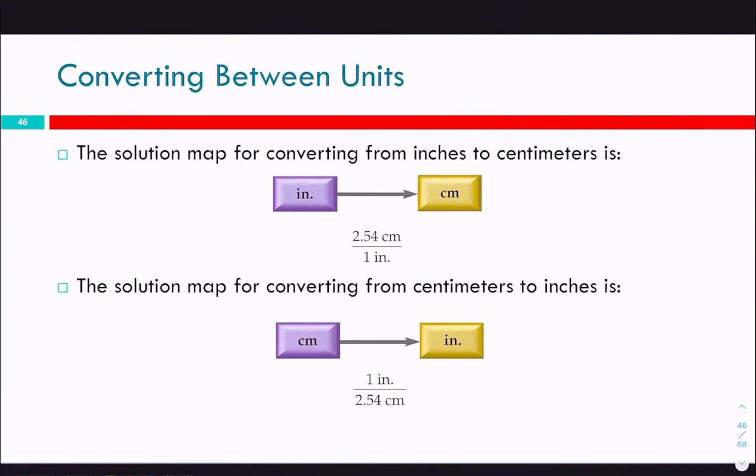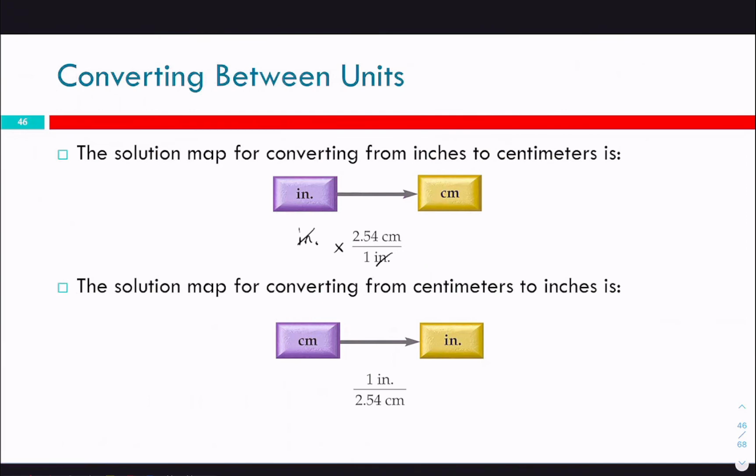So this is kind of what a solution map would look like. For a single step thing, if we want to convert from units of inches and we want to get centimeters, we'd write, okay, I'm starting with inches, and then I'm converting to centimeters, and then you can write down the conversion factor that you would use in between. All right, so if this is inches here, then we multiply by that. Inches would cancel out, and we'd be left with centimeters.